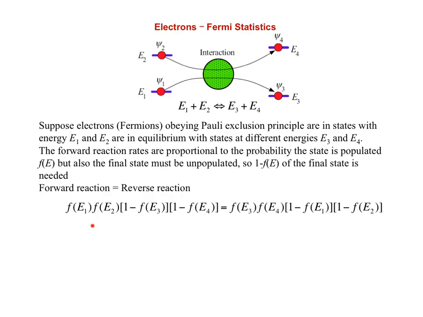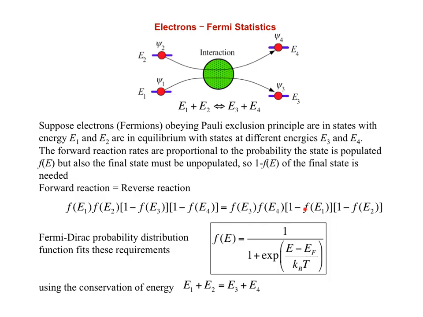This leads to a thermodynamic equilibrium condition very different to what we found classically. The distribution function that fits these requirements for electrons, or all fermions, is known as the Fermi-Dirac probability distribution function. This distribution function satisfies our reaction condition for fermions as long as we continue to have conservation of total energy.